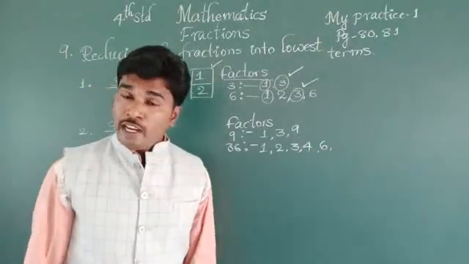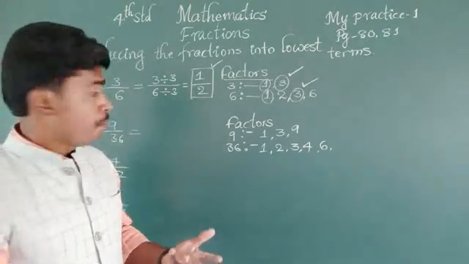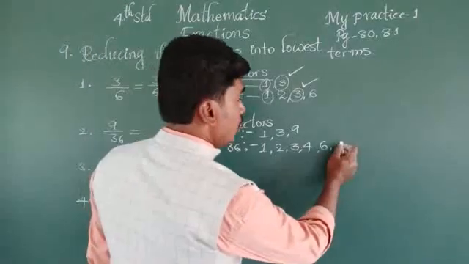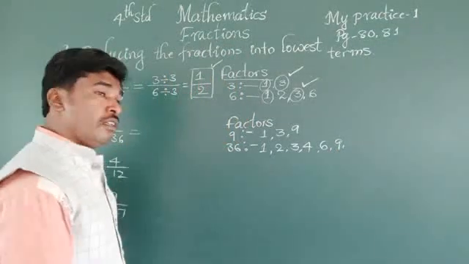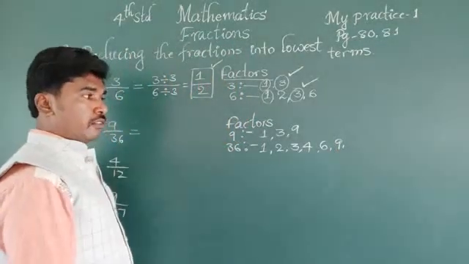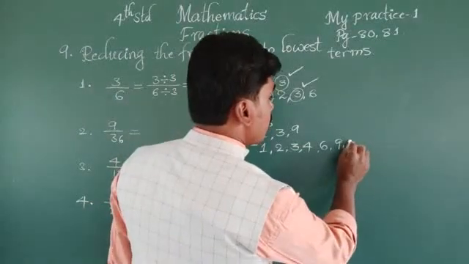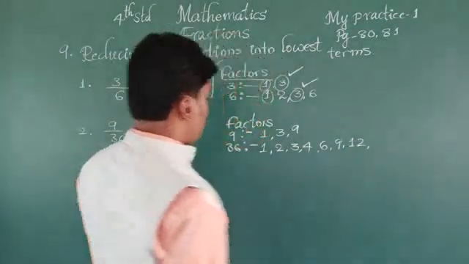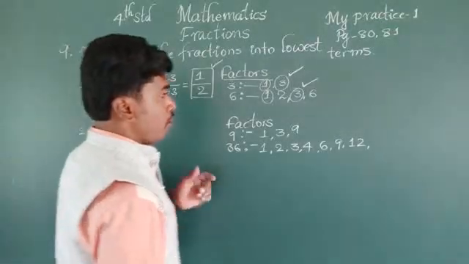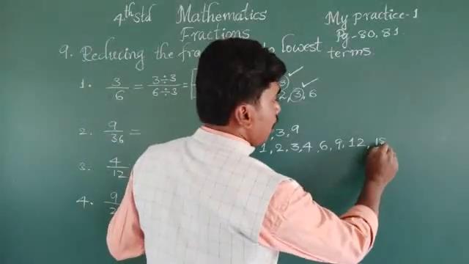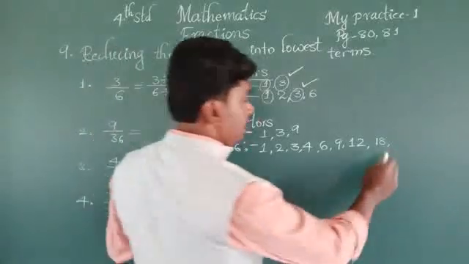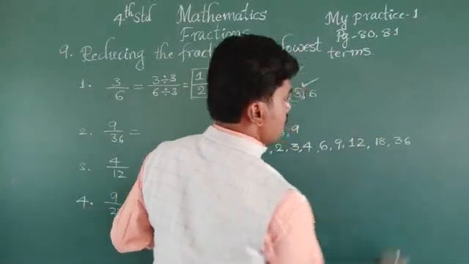Then 7, 8 will not. 9, yes. 9 4s are 36. Then after 9, 10, 11, 12. 12 3s are 36. After 12, 18. 18 2s are 36. After 18, it is 36.